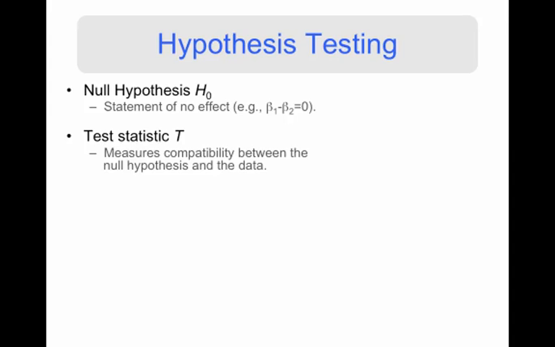So if the t-statistic is small, that means that there's no incompatibility between the observed data and the null hypothesis. If the test statistic instead is very large, that means that the data is not compatible with the null hypothesis, and that might lead us to believe that the null hypothesis is not true.